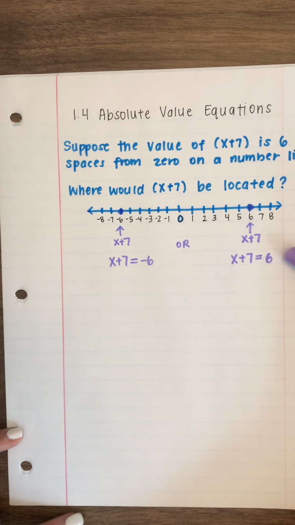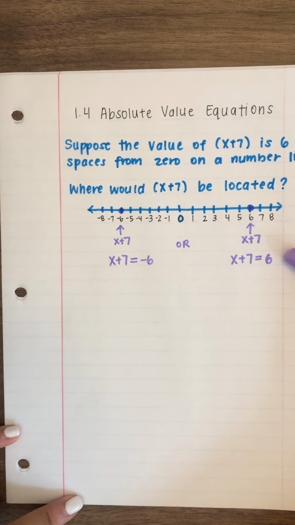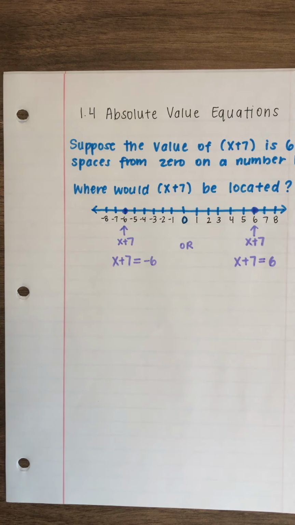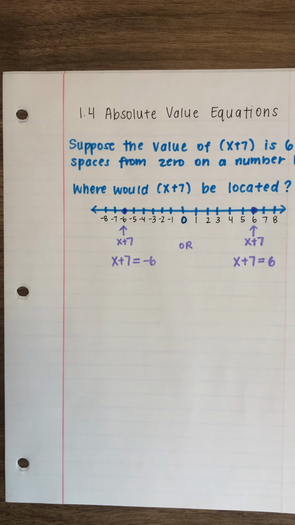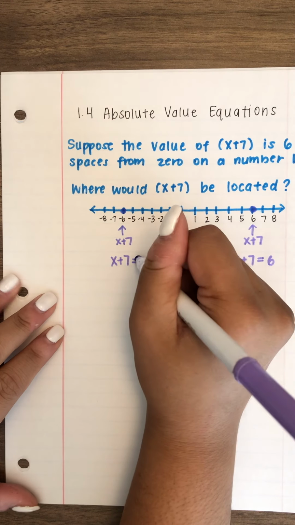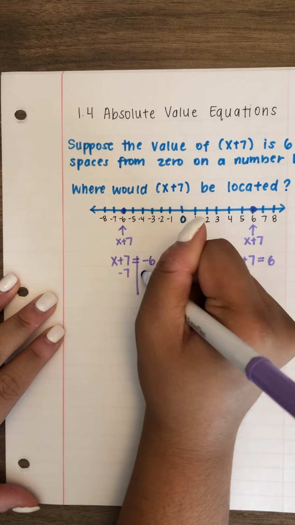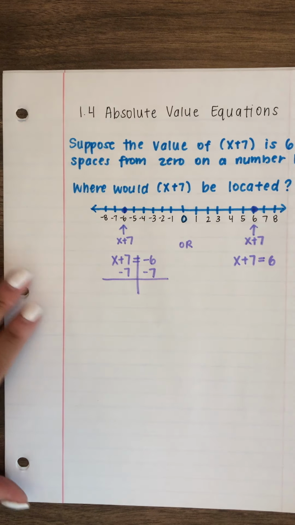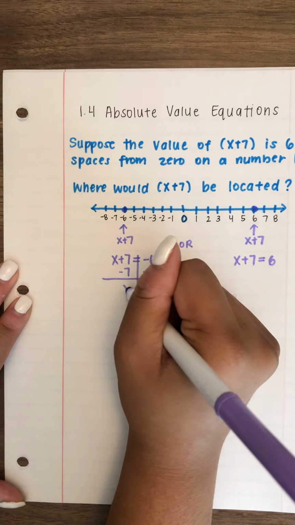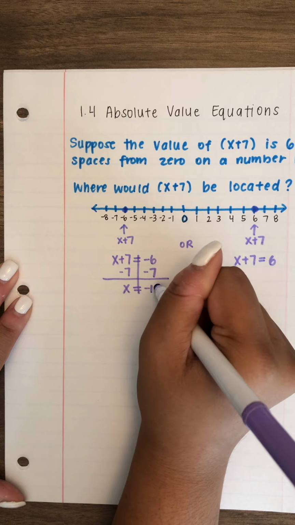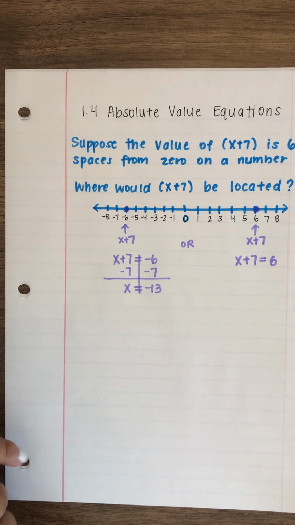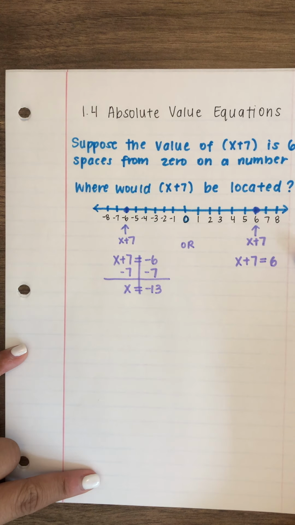These are very simple equations that we're used to seeing, so I'm going to go ahead and solve these real quick. Again, to undo this adding 7, we are going to subtract 7 from both sides, leaving us with x equals -13. Same thing for this equation.